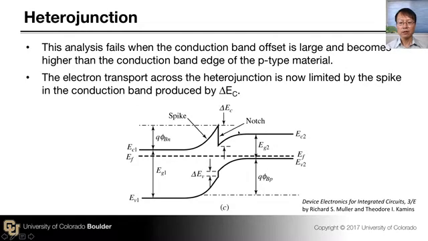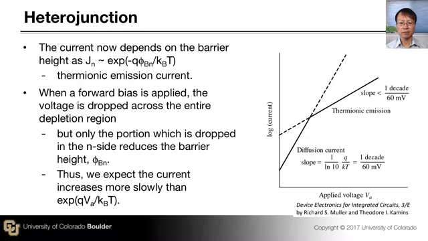So the location of the conduction band of material 2 is irrelevant in this case. Now the current depends only on the energy barrier on the n-type side. So your electron current is proportional to exponential negative q phi Bn over kT, and this type of current is called the thermionic emission current.